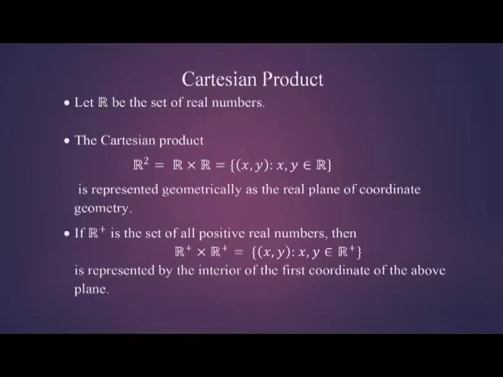Now, we can modify the set R a little bit, and we can get R plus, which consists of the set of all positive real numbers. Now, if we have this set of positive real numbers, then we have Cartesian product of R plus with itself, and we will get again all ordered pairs, but in this case these ordered pairs are such that both the elements are greater than 0.